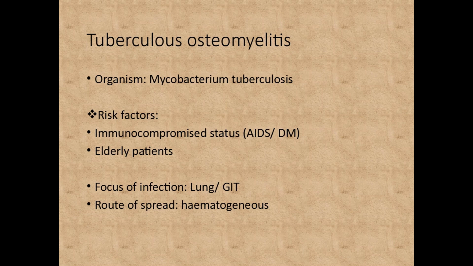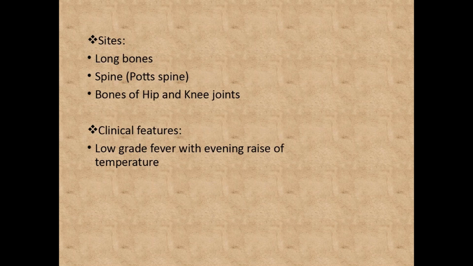The focus of infection is usually the lung or the gastrointestinal tract, and the route of spread is most of the times hematogenous. Common bones to develop tuberculous osteomyelitis are long bones, spine, that is vertebral bodies, and bones of hip and knee joints, namely pelvis, femur, and tibia.